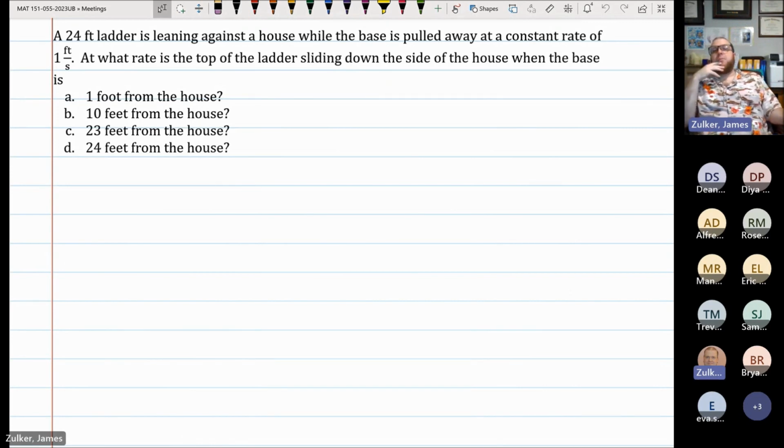Classic related rates problem. A 24-foot ladder is leaning against the house while the base is pulled away at a constant rate of 1 foot per second. We want to determine the rate at which the top of the ladder slides down the house.